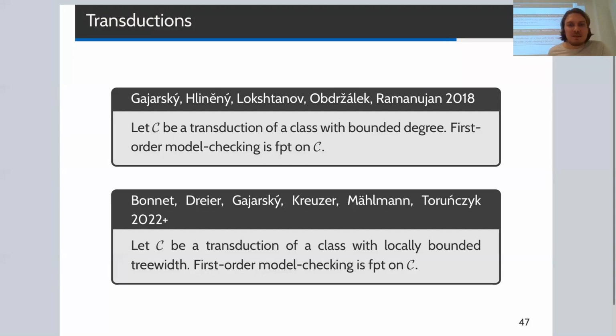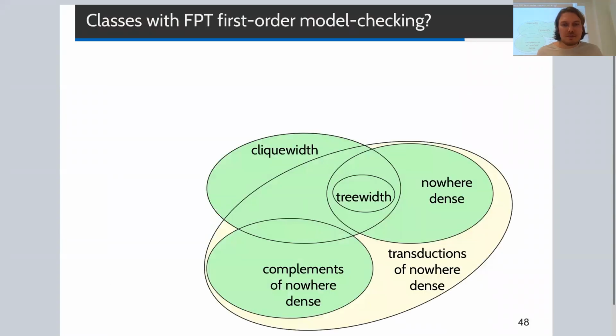It states that if C is a transduction of a class with locally bounded tree width, then model checking is still FPT on this class. So locally bounded tree width includes bounded degree, but does not quite bring us all the way to nowhere dense graph classes. So this is some good evidence, I suppose, that transductions of nowhere dense graph classes might be tractable, because so far we've come all the way to transductions of locally bounded tree width. Maybe later on we can push it on to transductions of nowhere dense classes.